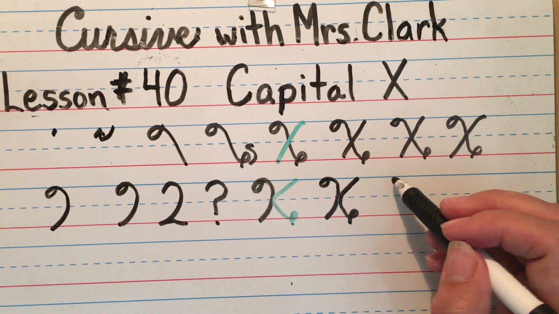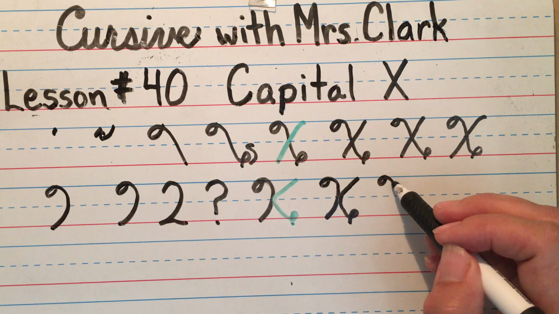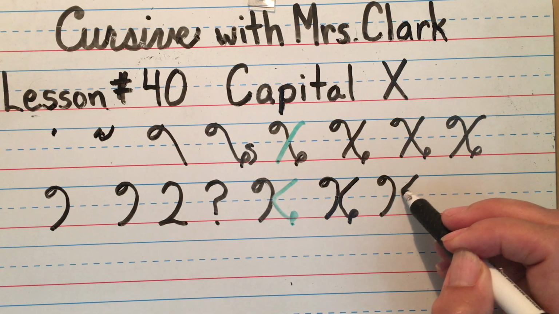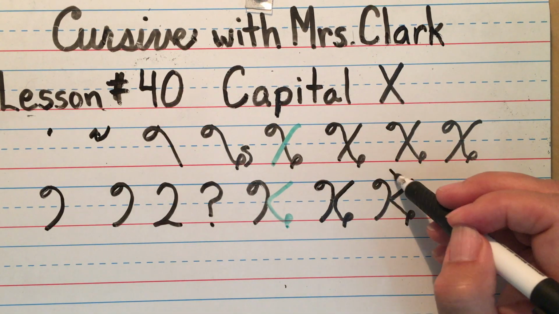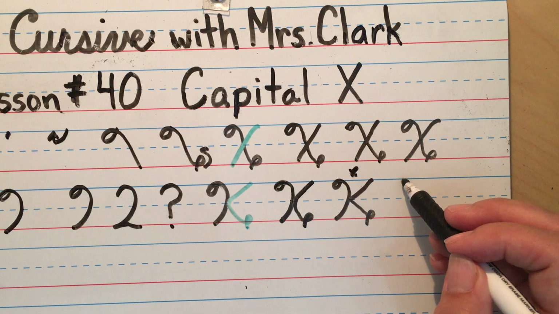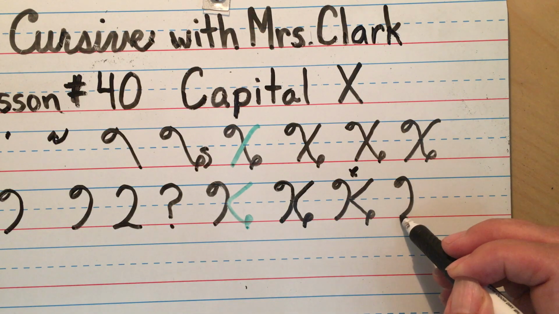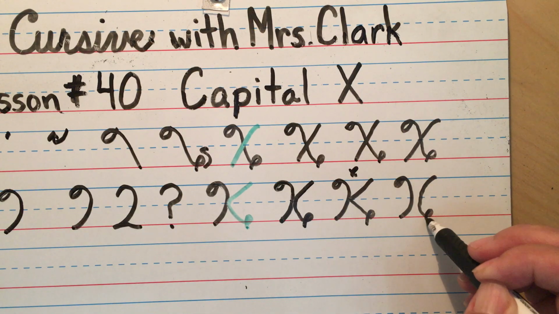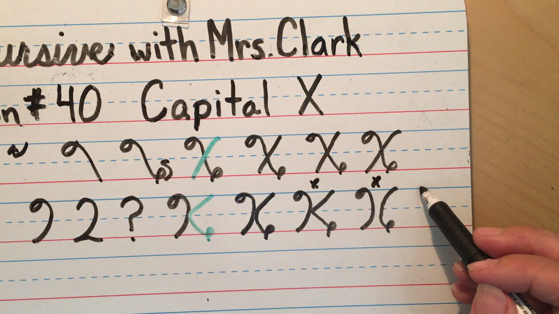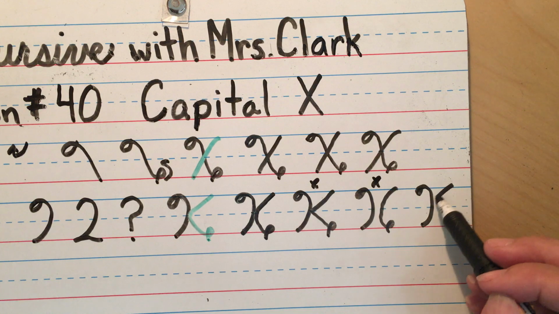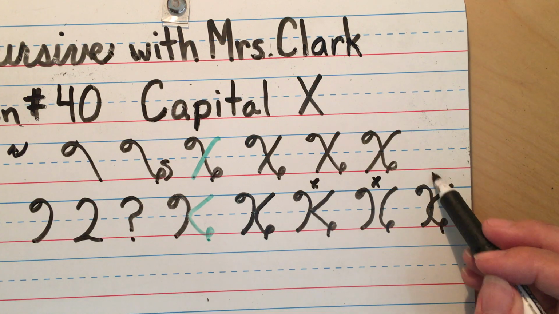I think part of the problem with making the X this way is that you have the potential to make it look more like a K, which you don't want. And then there's always the danger of not getting close enough, so you end up with an unfinished H-looking thing, or the potential to cross over too far.